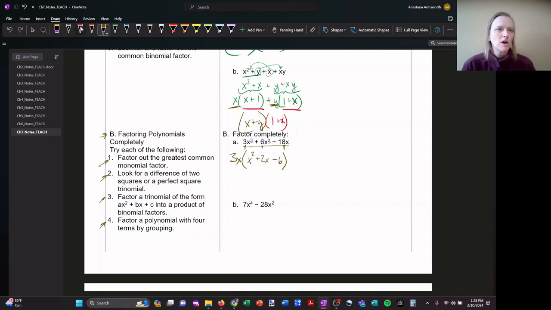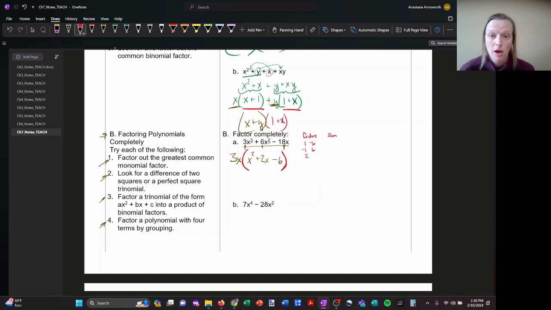So let's focus on this portion inside parentheses now. I'm going to make a little table of possible values. I've got factors here and what they add up to. So I could have positive 1 with negative 6. I could have negative 1 with positive 6. What other factors of 6 are there?